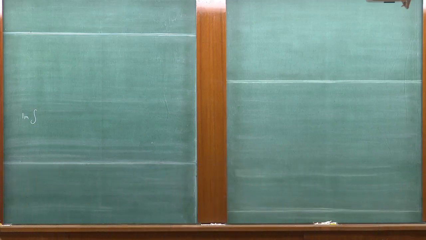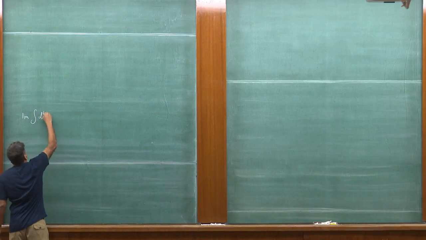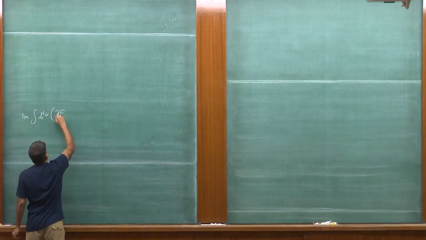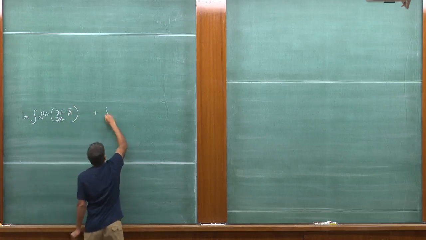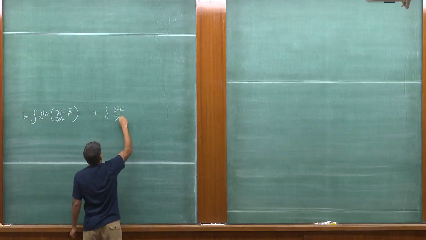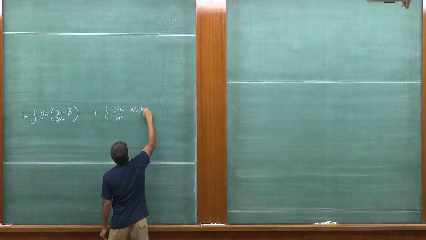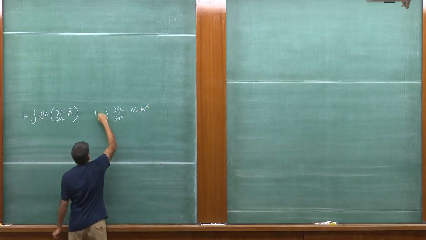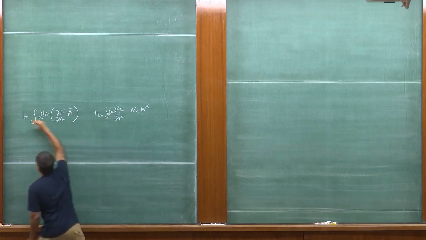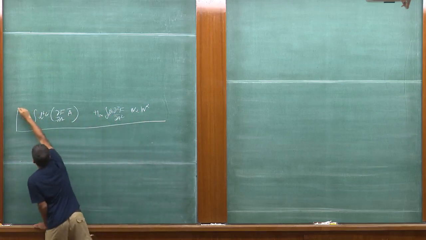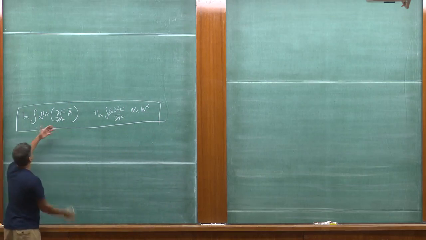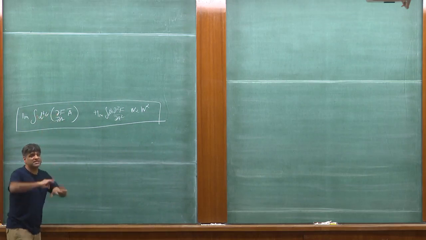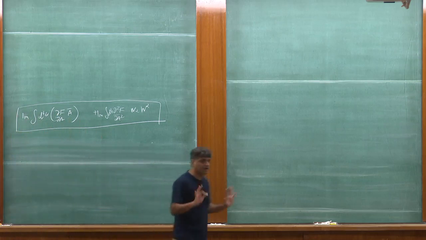And that took the form imaginary part of d^4 theta, then there was a del F by del A times A bar, plus d^2F by dA^2 W alpha W alpha, d^2 theta, imaginary part. This was our low energy effective action, and our goal was to find how this F function varies as a function of our moduli space, our u-plane.